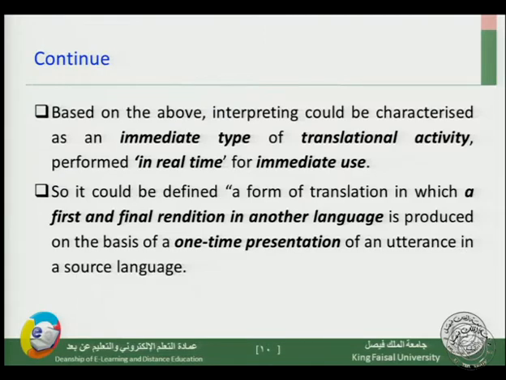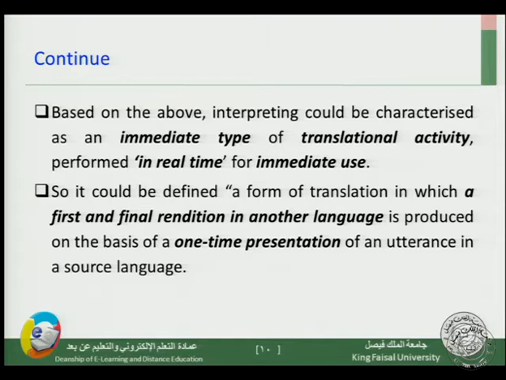So now if I want to define it, based on the above, interpreting could be characterized. Look, these are the main characteristics of interpreting. Characterized as an immediate type of translational activity performed in real time for immediate use. You need to learn it.